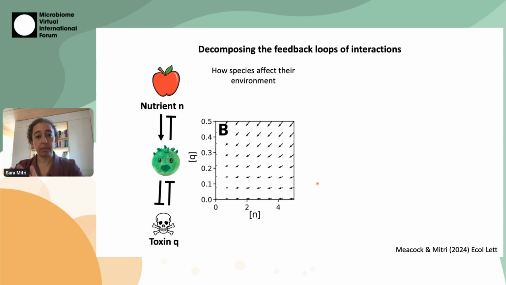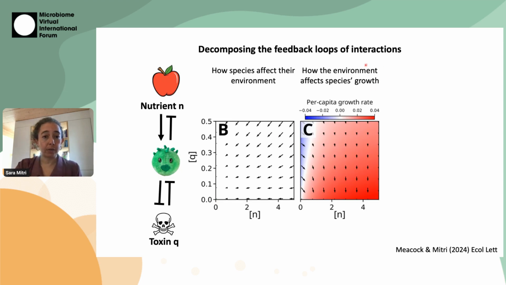At the same time, the flip side is to look at how the environment affects the species' growth. In this little plot, again, you look at different nutrient concentrations and different toxin concentrations. The colors show the growth rate of the green species, and the little arrows show where it wants to go.